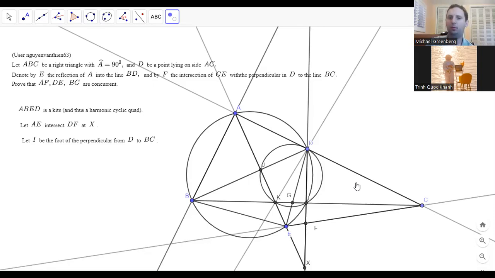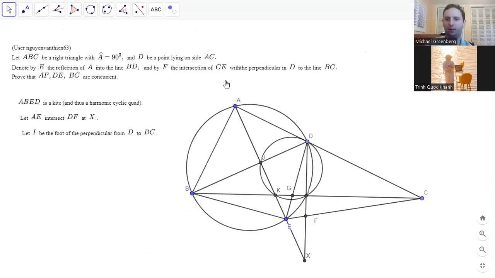Oh, but we're instead showing that XKEA is harmonic. We don't need to show that HKEA is also harmonic, right? It's enough to just show that XKEA is harmonic, because that would prove that AF, DE, and CK concur. Oh yeah, that's all right.